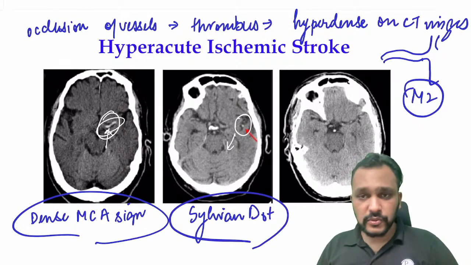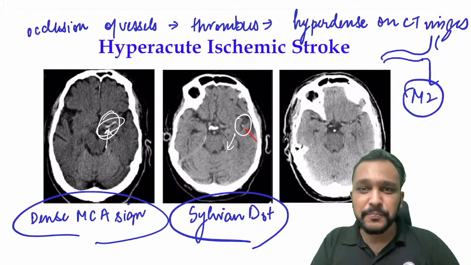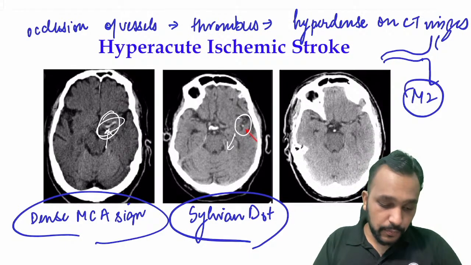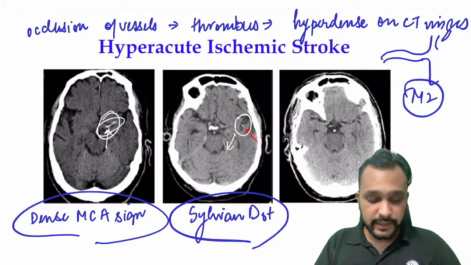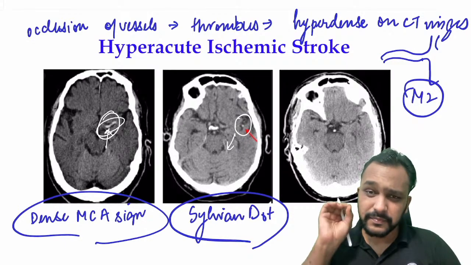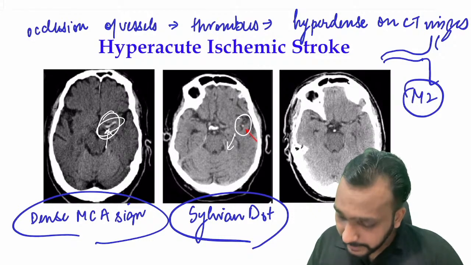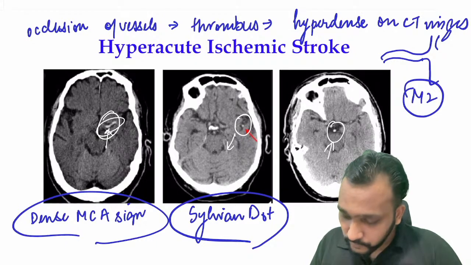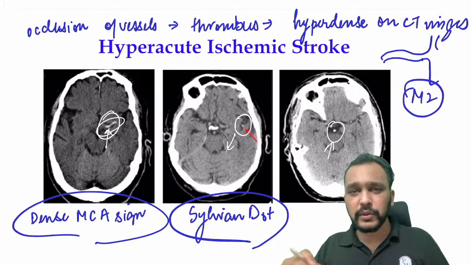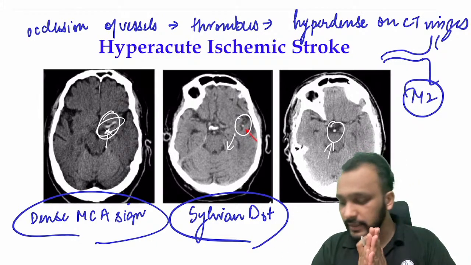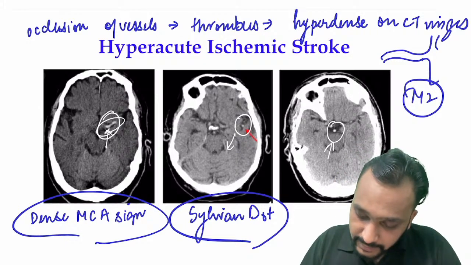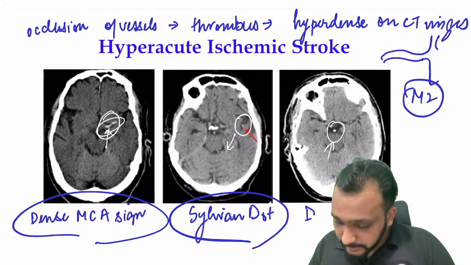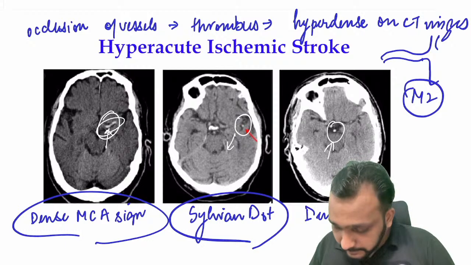And when there is a stroke that is involving the posterior circulation, and your posterior circulation, guys, we all know it is supplied by your basilar artery, and if there is a hyperdensity in the basilar artery, what will we see? We will see a stroke that is involving the posterior circulation. And what is the name of the sign? The name of the sign is dense basilar artery sign.